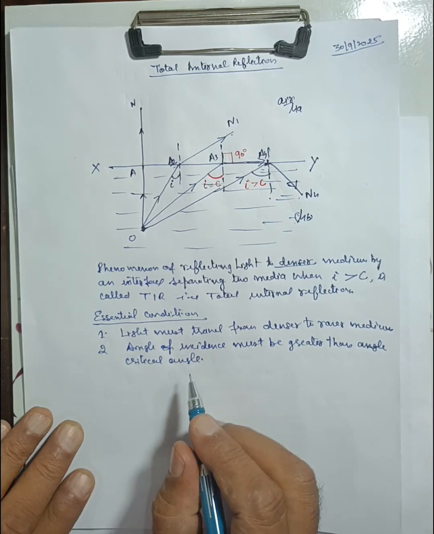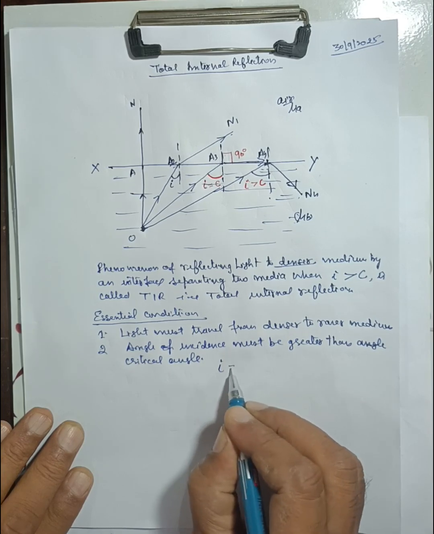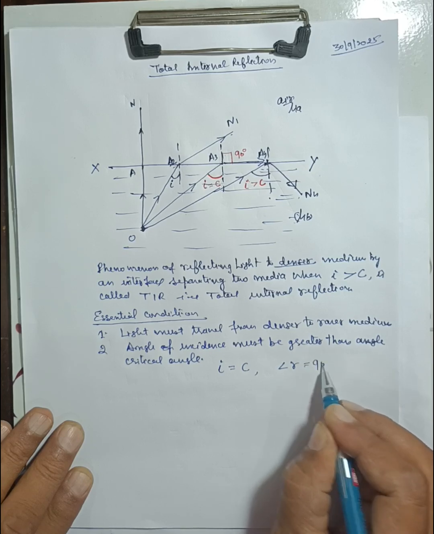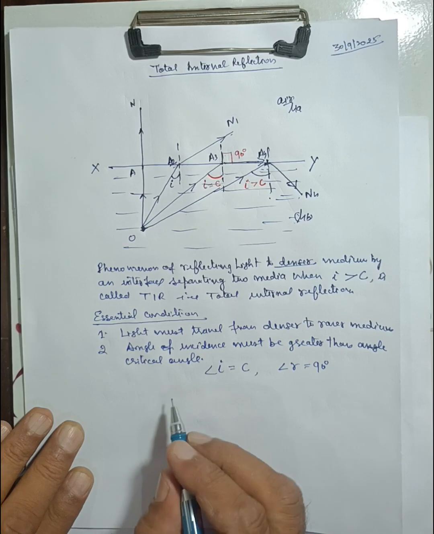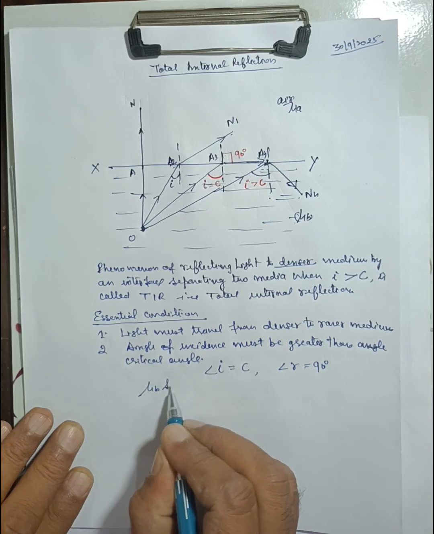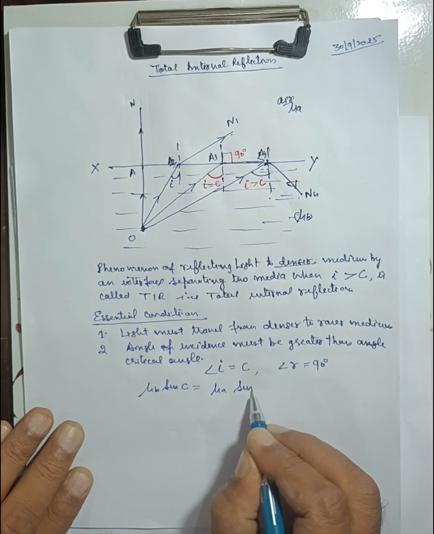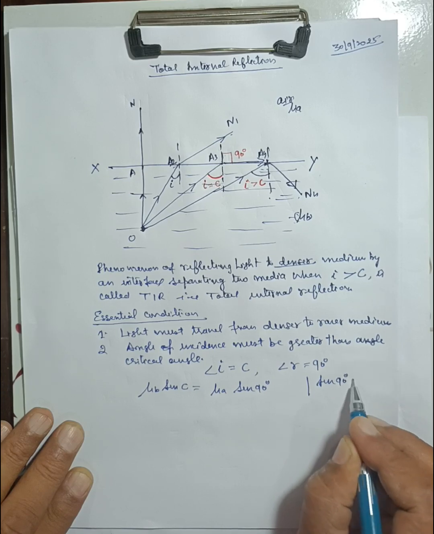Now we can apply, you can see that at total internal reflection, the angle of incidence is equal to C and angle r is equal to 90 degrees. By Snell's law you can write mu B sin C equals mu A sin 90 degrees. Now sin 90 degrees is equal to 1.